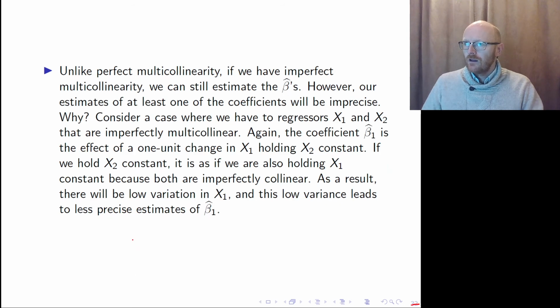So, unlike perfect multicollinearity, if we have imperfect multicollinearity, we can still do our analysis, but we have a problem because our estimates of our betas will be quite imprecise.